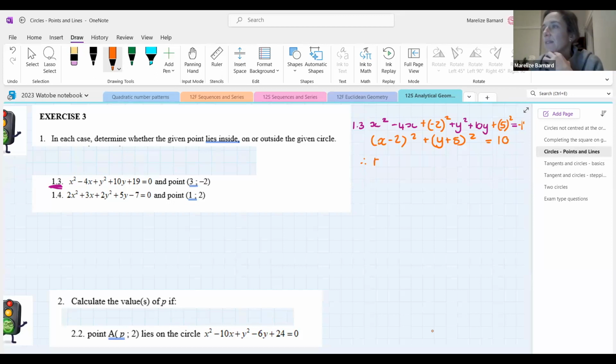That distance, I'm just going to call it D for distance. When we get to this point here, it's as far as we can go. We've completed the square and the circle is now in center radius form. So that's all we needed.